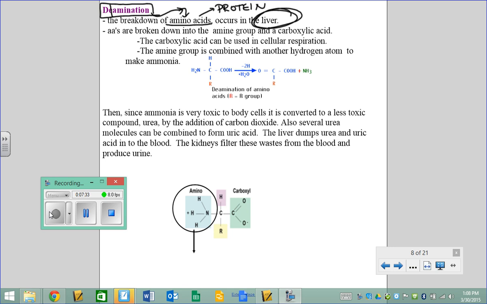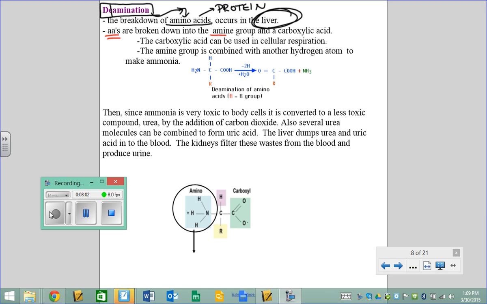So, what happens during deamination, which is occurring in your liver? AAs, which is my abbreviation for amino acids, although I am aware it means something else, are broken down into two groups. Now I'm using the correct scientific names here, and since this isn't Chemistry 30, I wouldn't expect that you can define these for me, so I'm going to give you some shortcuts.